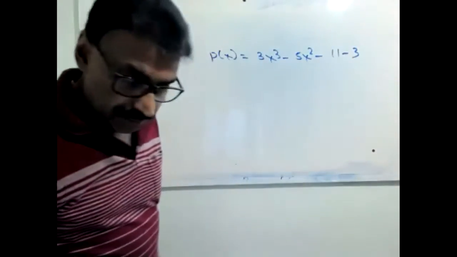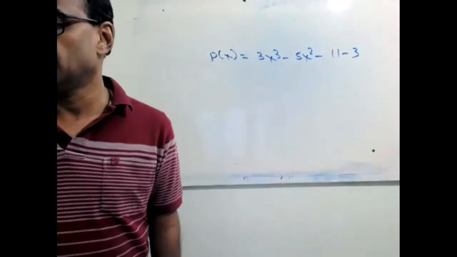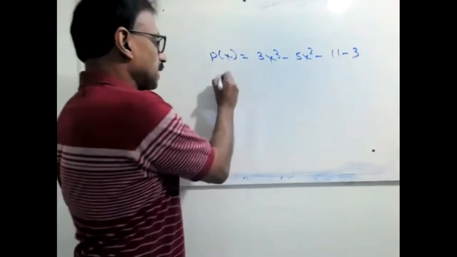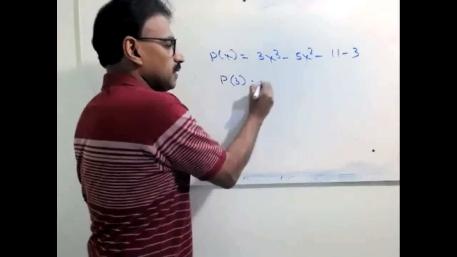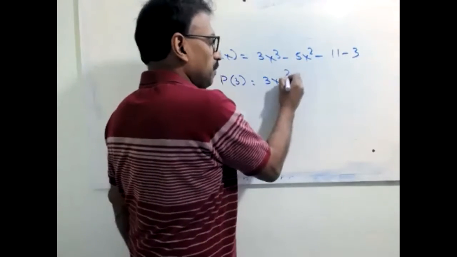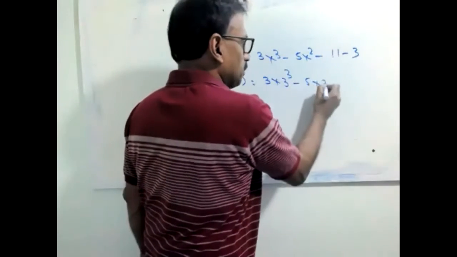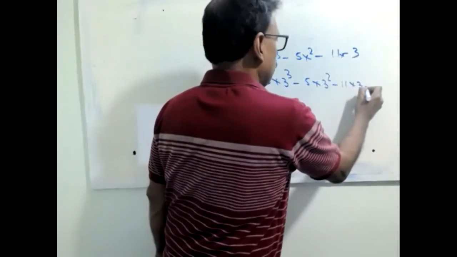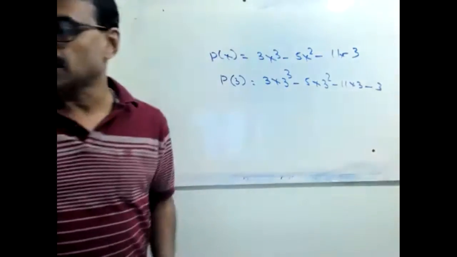They're asking you to verify it. First verify p of 3: 3 into 3 cube minus 5 into 3 square minus 11 into 3 minus 3.